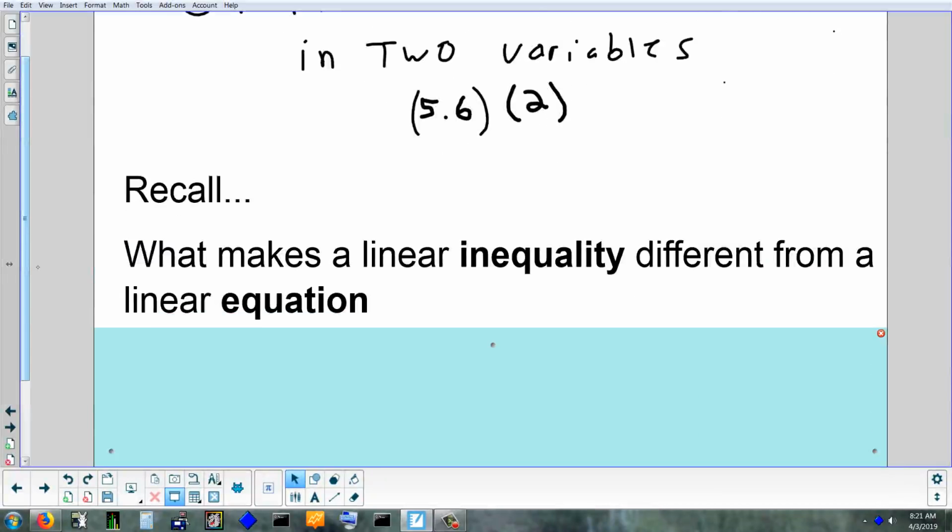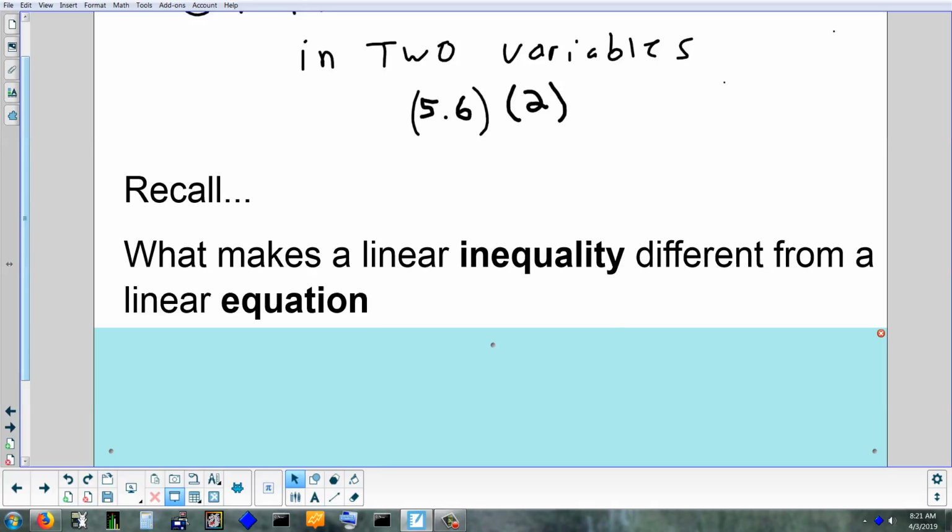So what makes an inequality different from an equation? We kind of touched on it in the warm-up. When you're solving it, there are some things you have to do differently. But how about just the way it looks? There's an equal sign in which one? In an equation. What does an inequality have in place of that? A symbol, right?